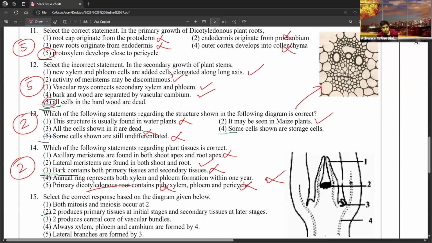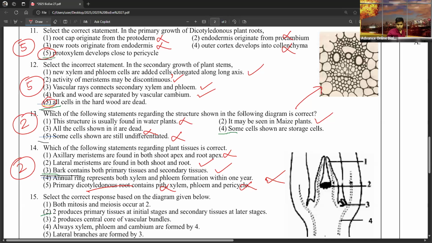How about the second one? Lateral meristems are found in both shoot and root. I'll make a correction. It has primary phloem. So the third is okay then.